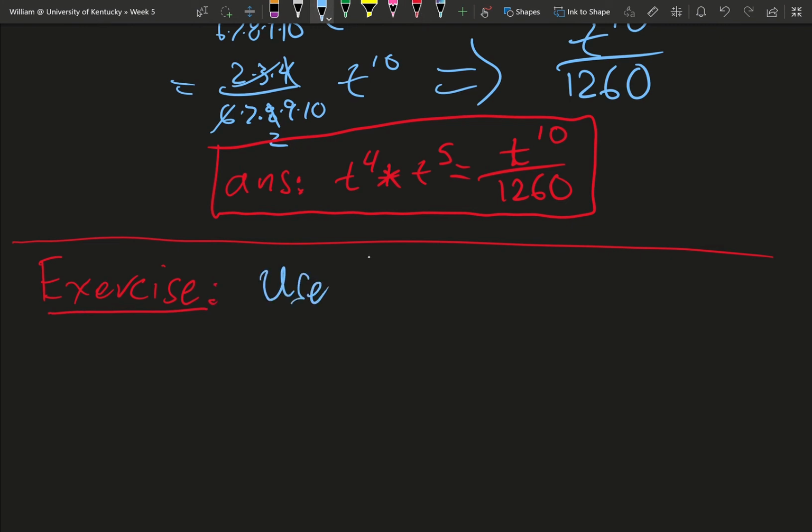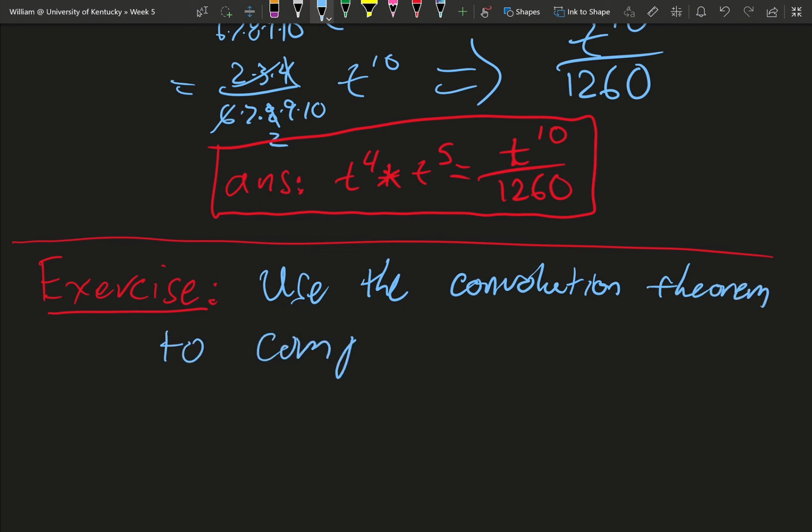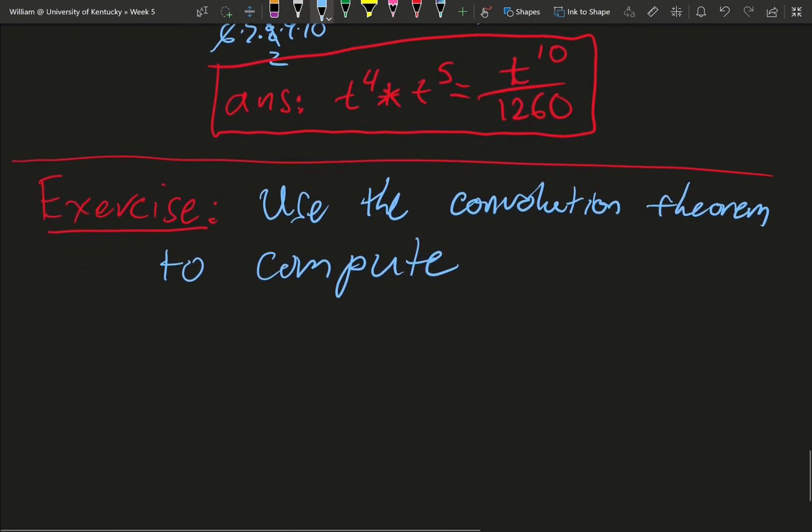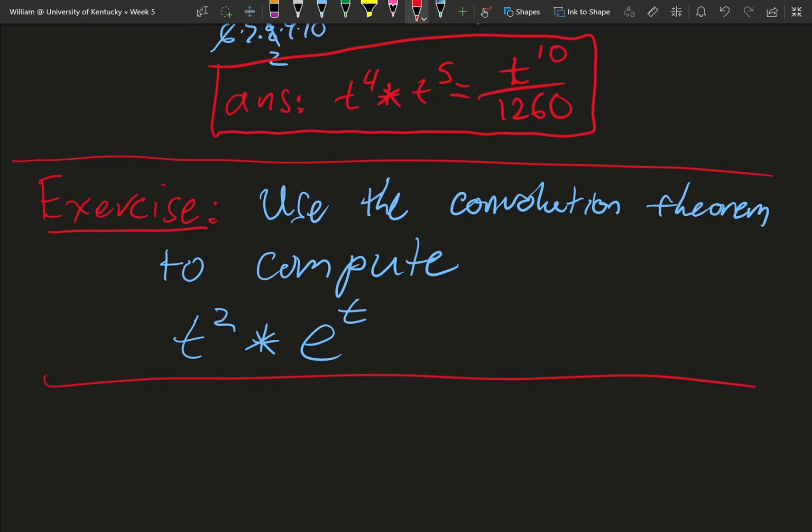Use the convolution theorem to compute the convolution of t squared and e to the t. All right, so give it a minute, work on it, pause here, and okay, let's go over the answers.